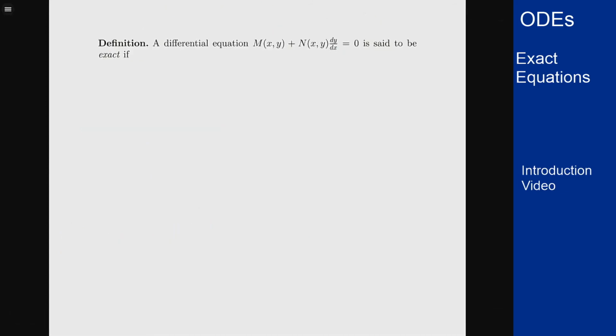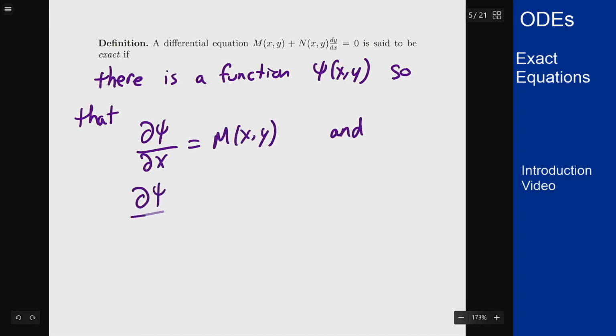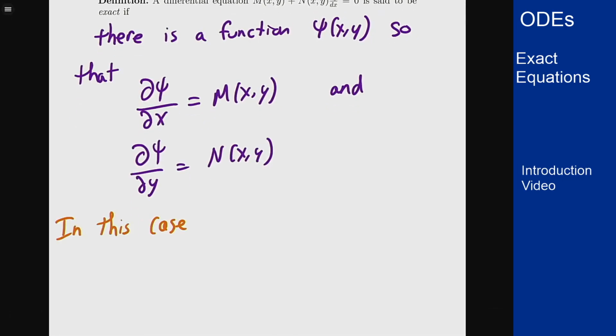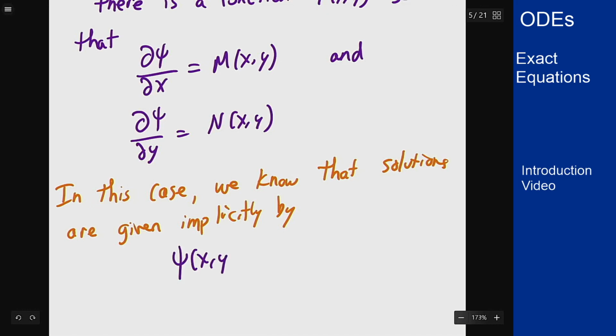The differential equation, written in the form M of x, y plus N of x, y times dy dx equals 0, is said to be exact if there is a function psi of x, y so that if I take the partial derivative in x, I get M, and if I take the partial derivative in y, I get N. In this case, because the differential equation is d dx of psi, we know that solutions are given implicitly by psi of x, y equals some constant c, for a c depending on the initial condition.